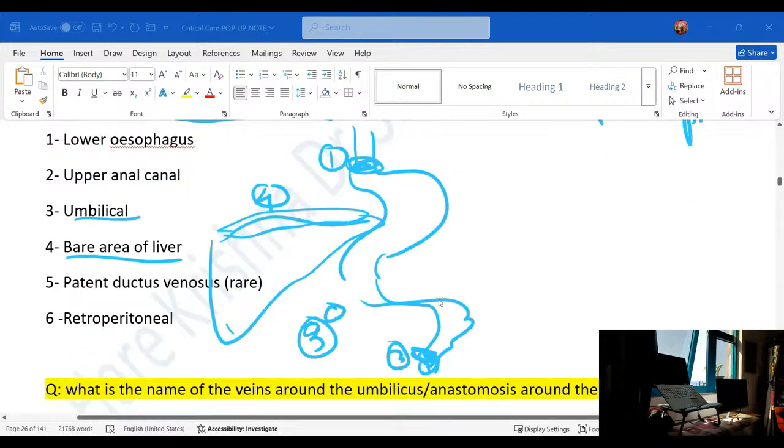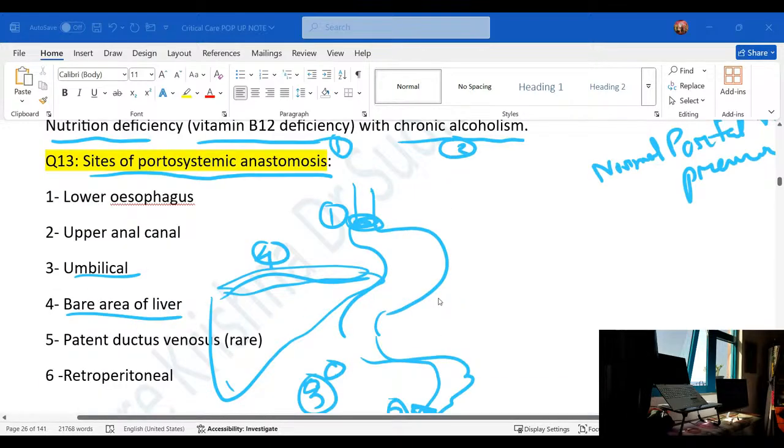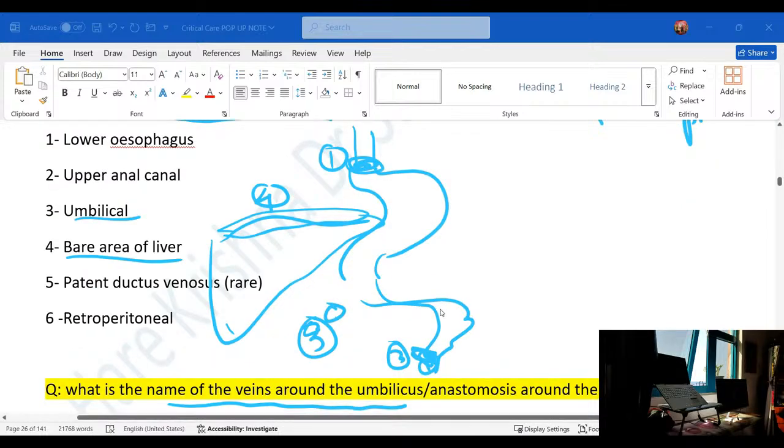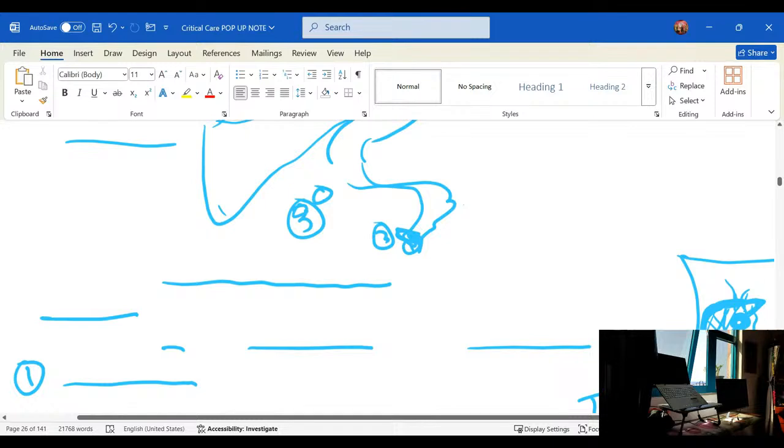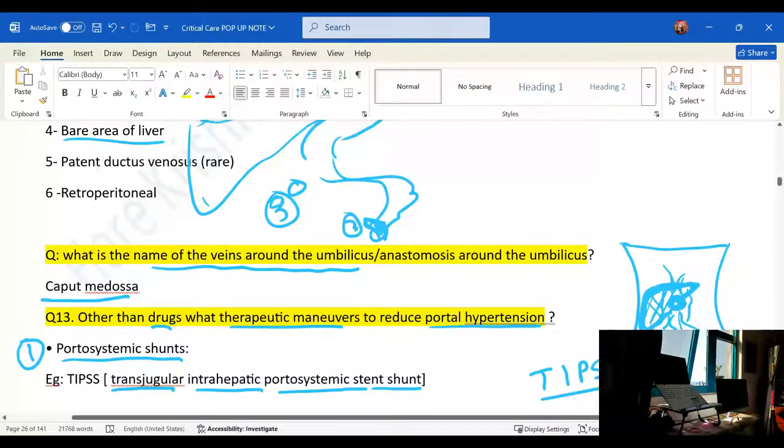Again, lower end of the esophagus, upper anal canal, umbilicus, bare area of the liver, and retroperitoneal. Caput medusae.